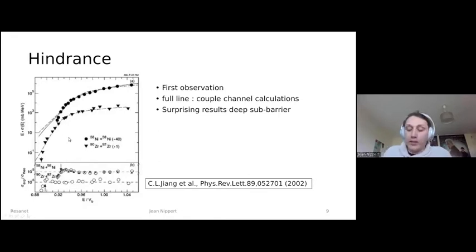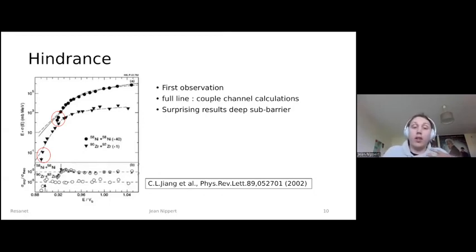And what we can see in this graph is that when you go below the Coulomb barrier, you start to have some discrepancies between experimental data and the coupled channel calculations, which are the dashed line. This is very surprising because at this time, coupled channel calculations were really good at describing fusion cross-sections. And now it has been observed in most systems.